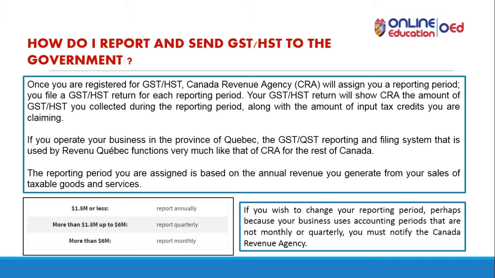If you operate your business in the province of Quebec, the GST, HST reporting and filing system used is where Revenue Quebec functions very much like that of a CRA for the rest of Canada. The reporting period you are assigned is based on the annual revenue you generate from your sales of taxable goods and services. So the government will give you a reporting period.